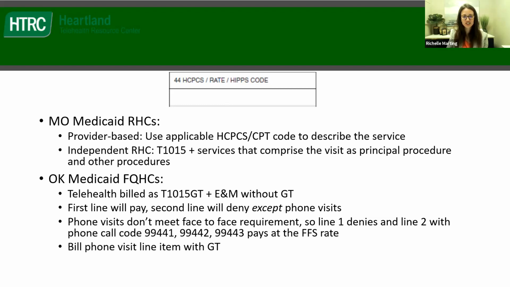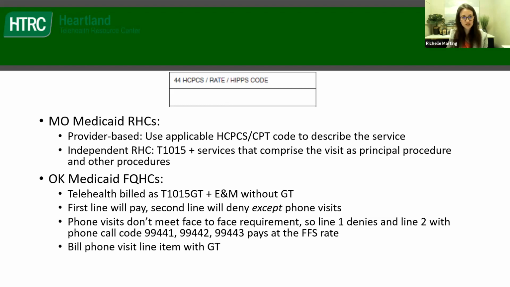You're going to add a GT modifier, which is another telehealth modifier that Medicare did away with about 3 years ago, but Oklahoma Medicaid FQHCs will be using that for telehealth services. You'll have a second row where you describe the evaluation and management service that was provided, but you will not report the GT telehealth modifier on that second line item.